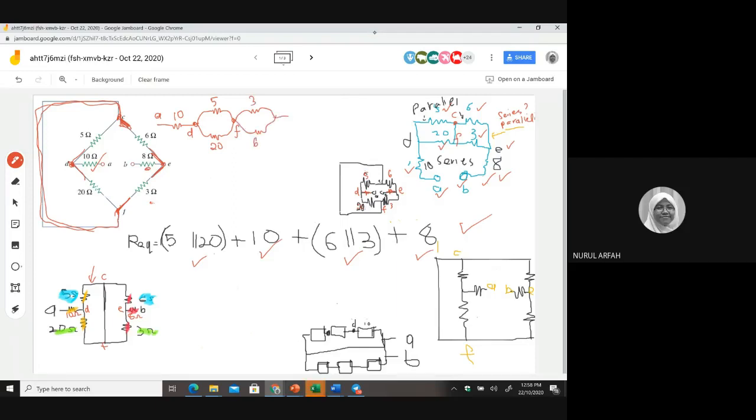And then last one, you have 8. And the middle here is E. And the last one is B. So you can see, right? Which one is connected end to end and which one is connected in series, side by side. So 10 is this one, 5 with 20, this one, 3 with 6, this one, and 8 is this. Very good. So far, so good.